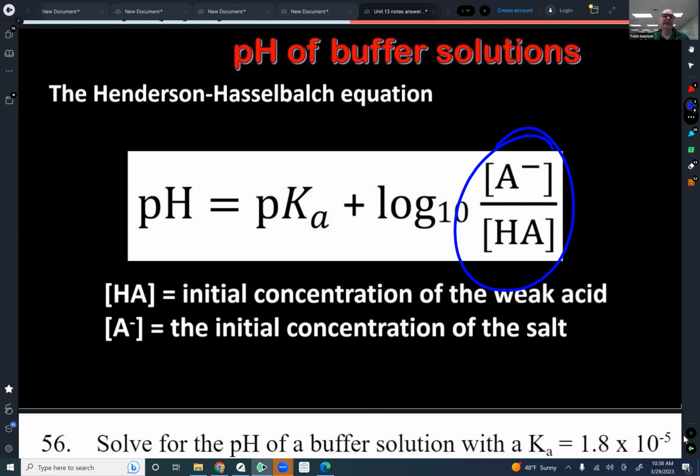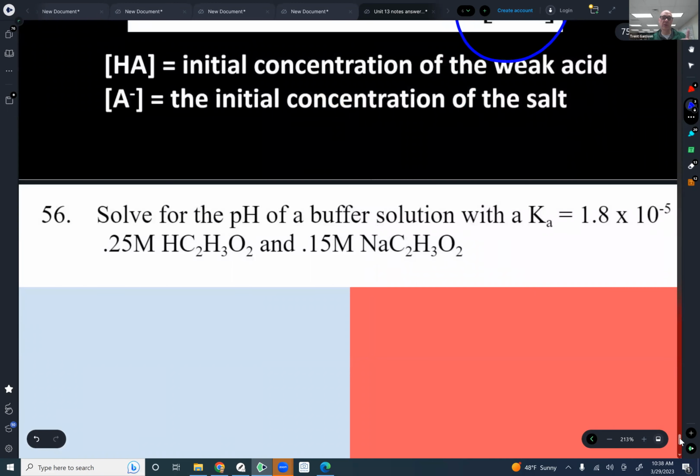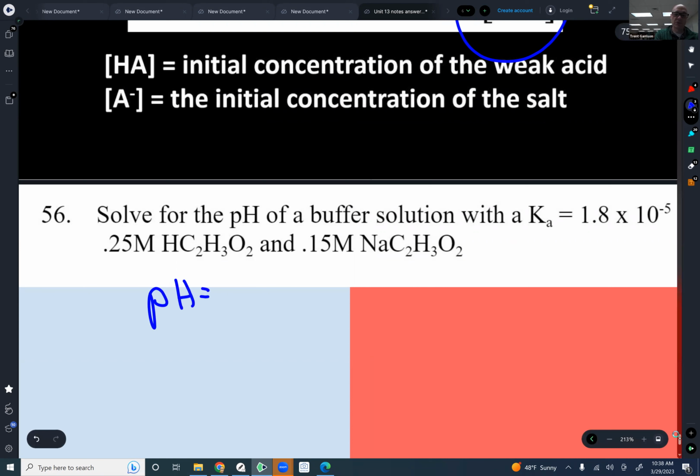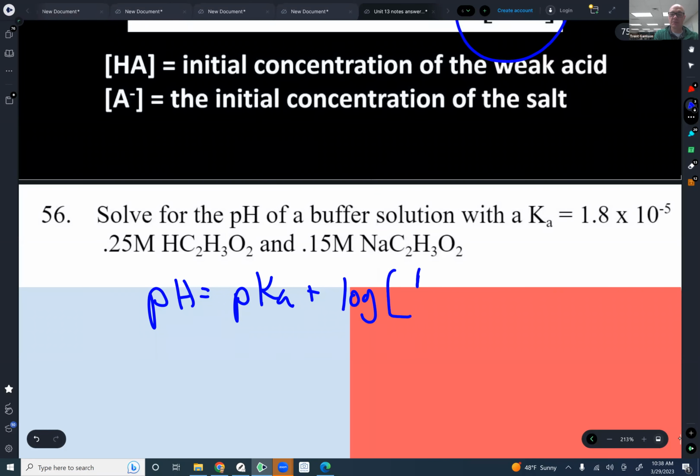And then we would have to be given some of these other pieces of data for us to calculate it. Okay, so let's take what we've got and see if we can solve. So here was our equation: pH is equal to the pKa plus the log of the base over the acid.